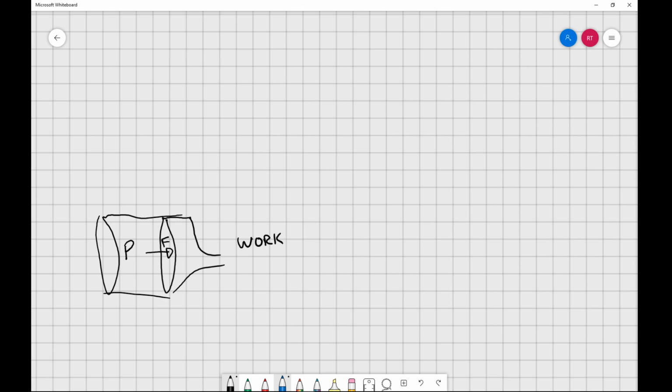The problem that happens when we talk about work is, in order to find work, we talked about a graph, and we said if we had force that was consistent, or maybe gradually increasing, we had a solution for these things. Here's our problem with this arrangement.